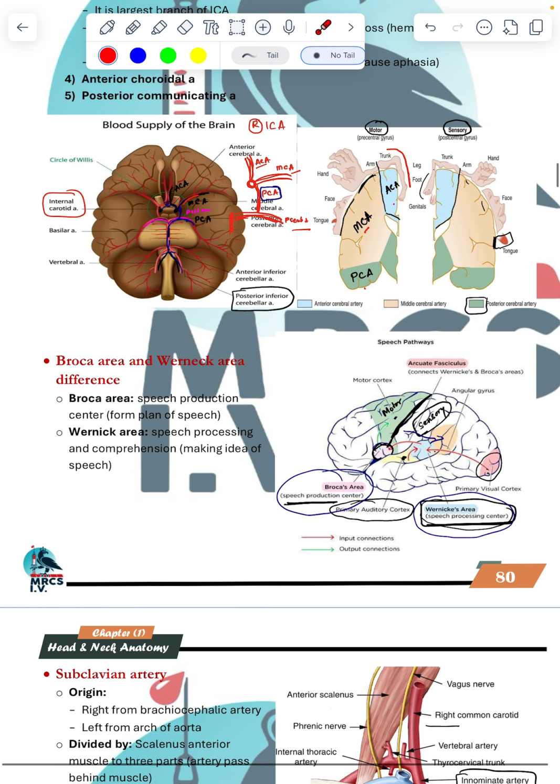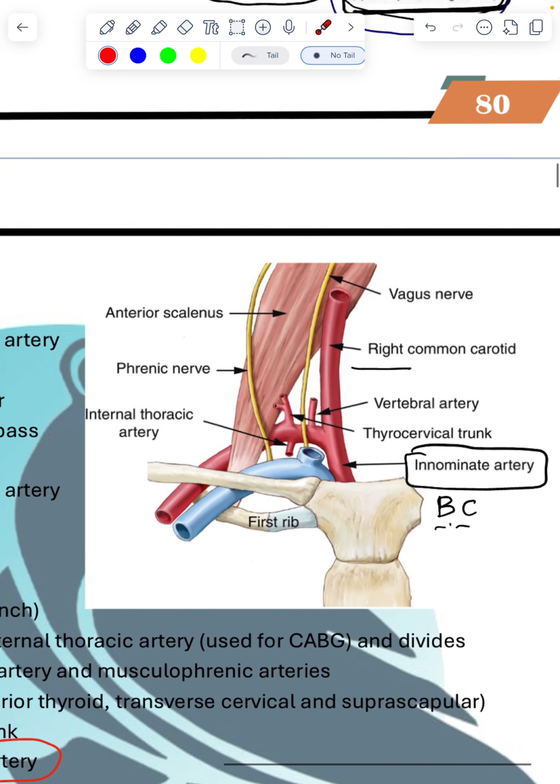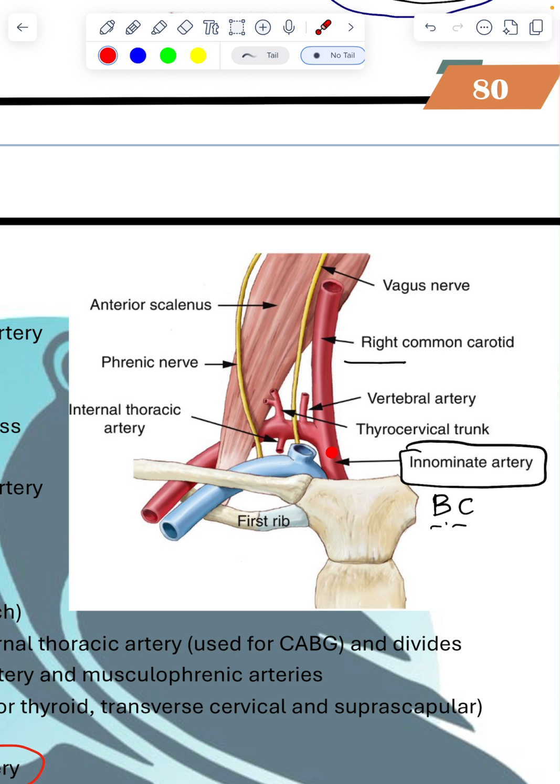Now the subclavian artery, this is important. You can see this is the innominate or brachiocephalic trunk. This is the subclavian. This is the common carotid. Innominate artery. So subclavian's first branch is vertebral, lower down is internal thoracic or internal mammary, then the thyrocervical trunk.